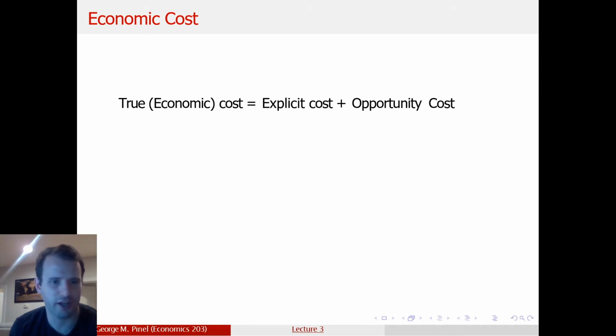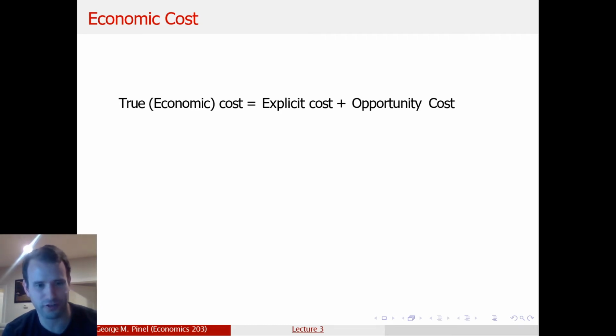Your willingness to pay to go on that date would be $70, which is tricky territory. I don't really like that language for this particular scenario, but fair enough. You're willing to pay $70 to go on that date. So that's your opportunity cost, $70, and your explicit cost of going on the first date is $100.